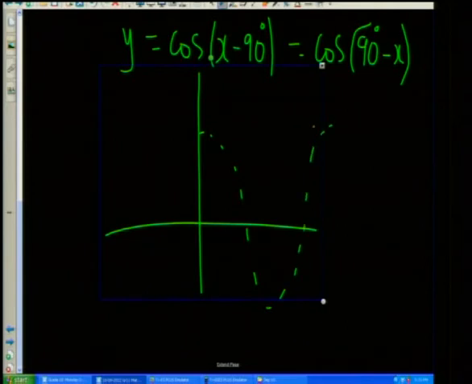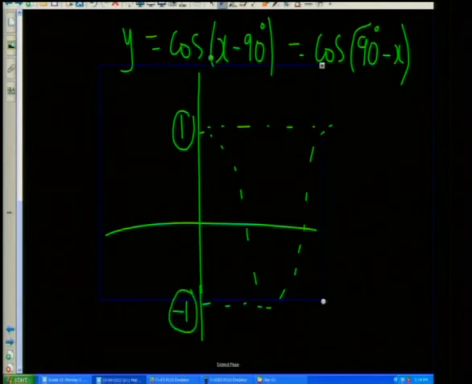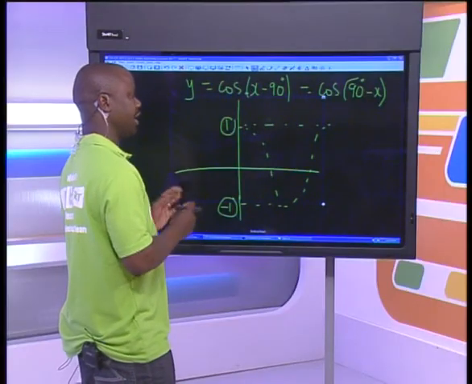And you will notice that in front of the cosine, there is no coefficient that is scaling this up or scaling it down. So we still have 1 as our amplitude. And yes, it is symmetrical about the x-axis. This is because there is nothing added after the cosine ratio. Minus 1 there. Right. So now we are going to translate this thing horizontally 90 degrees.